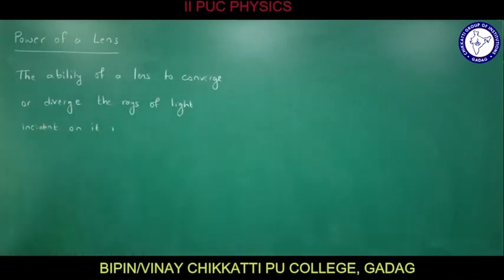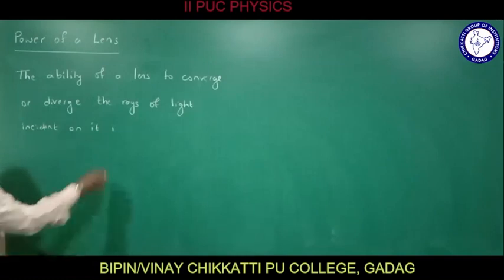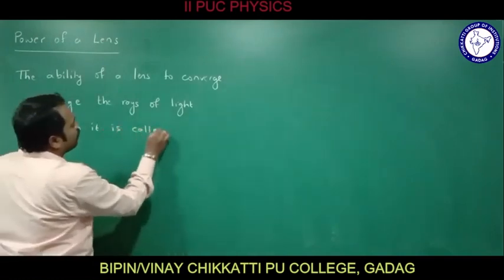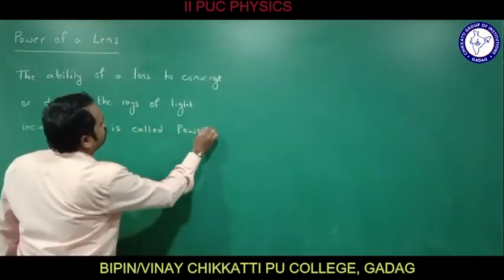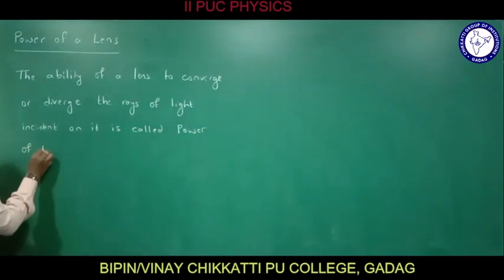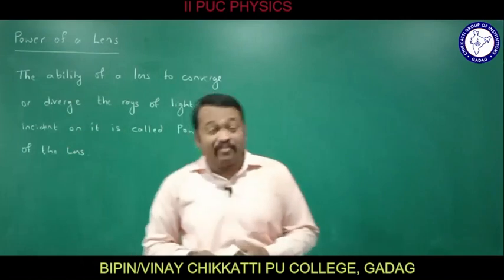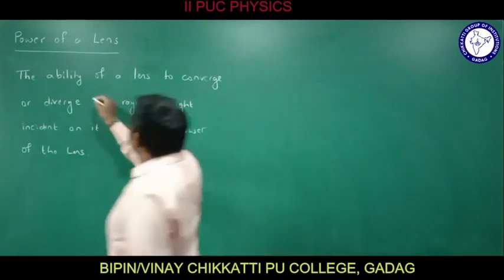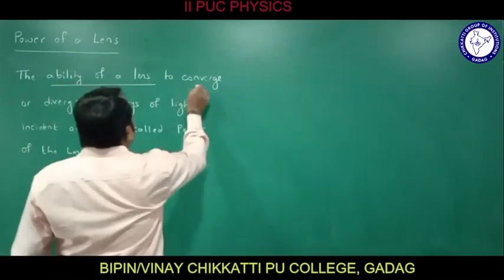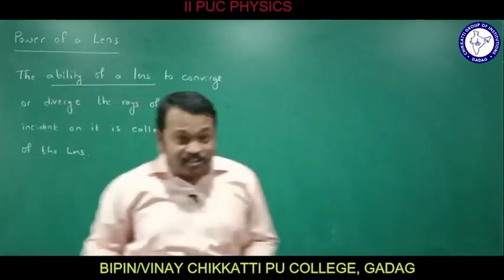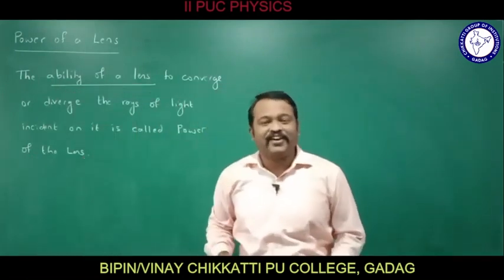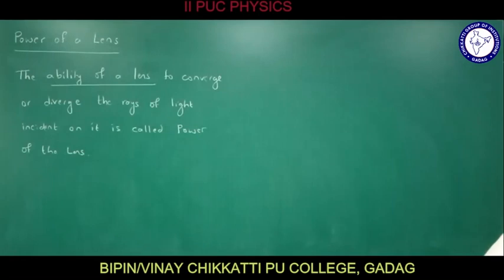The ability of a lens to converge or diverge the rays of light incident on it is called the power of the lens. Okay, what is the power of the lens? Power is nothing but the ability of a lens to converge or diverge the rays of light incident on it. Let us check how it actually does so.